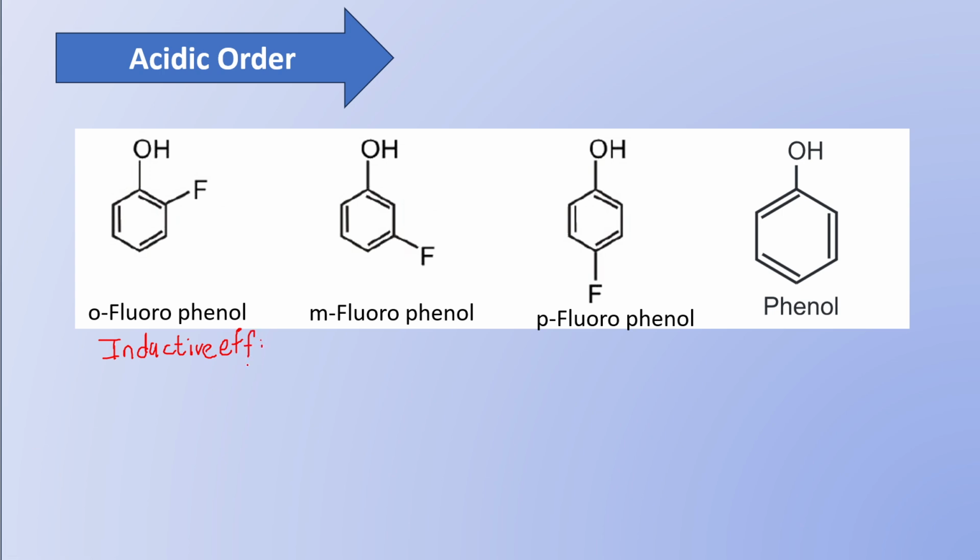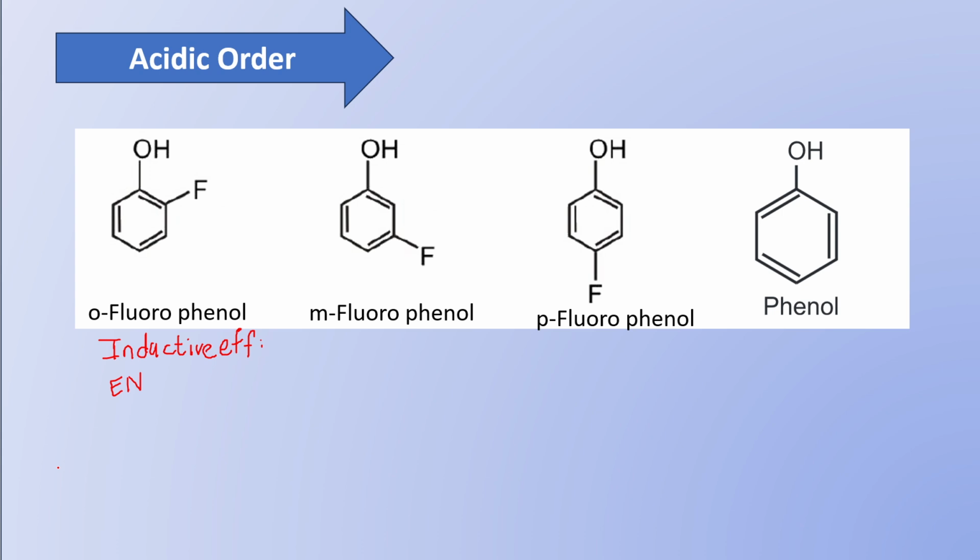The inductive effect is basically dependent upon the electronegativity difference of the atoms. So what exactly is electronegativity? Electronegativity is basically a force of pulling electrons. When an atom is highly electronegative, it is going to pull the electrons from the other atoms in the chain, in the carbon chain, in the compound, or in the ring.